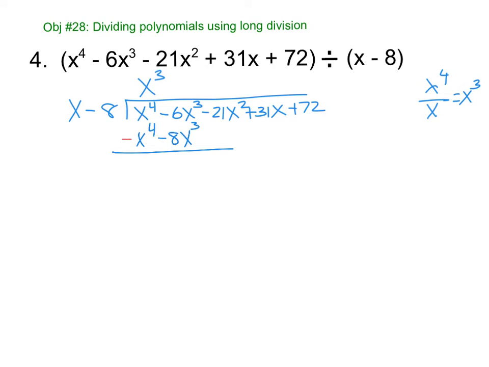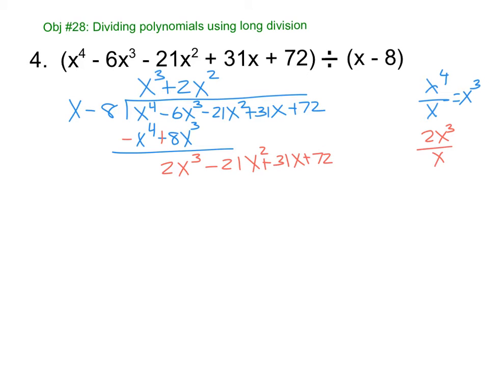Change the sign. 2x cubed minus 21x squared plus 31x plus 72. 2x cubed now divided by x, so 2x squared. Distribute. And be really careful with these.